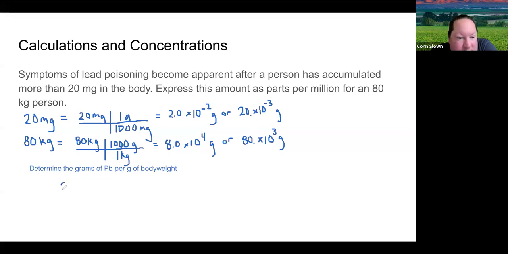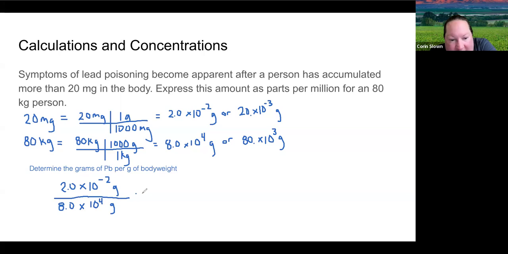So I have 2.0 times 10 to the negative 2 grams, right? That's the dose that leads to poisoning. And then I have 8.0 times 10 to the 4th grams.